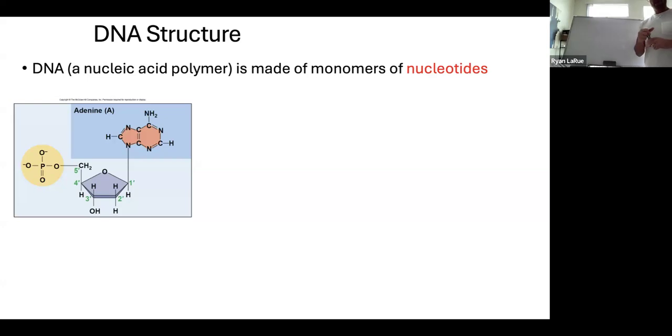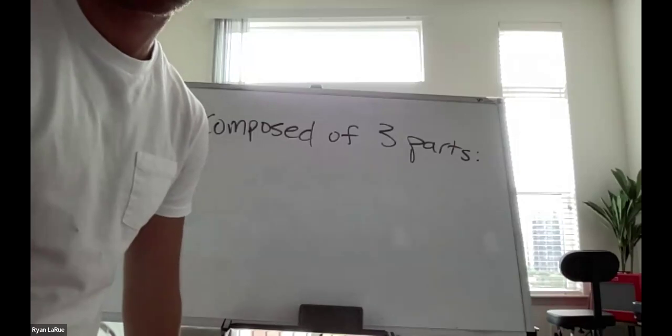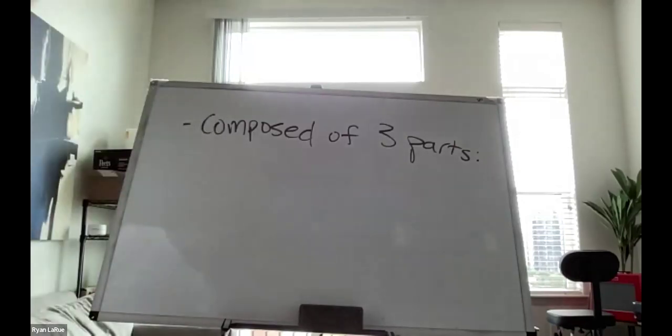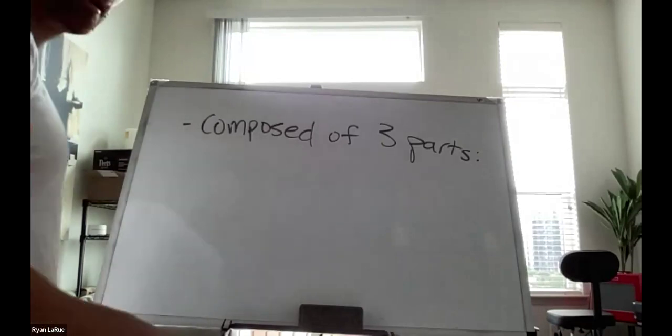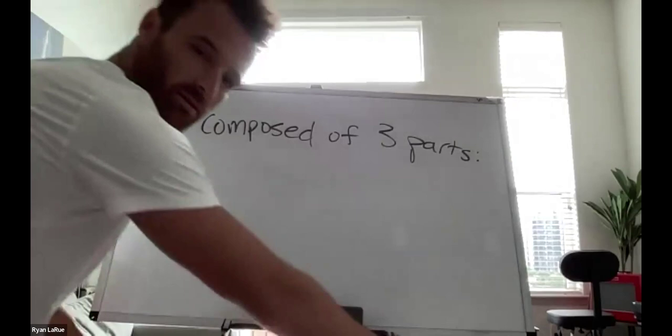So let's take a look at one single nucleotide and what that looks like. So recall that a nucleotide is composed of three parts.